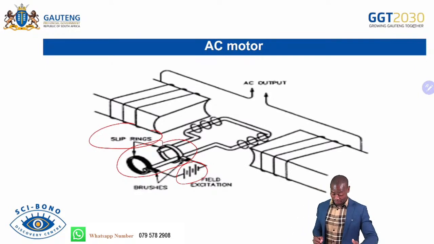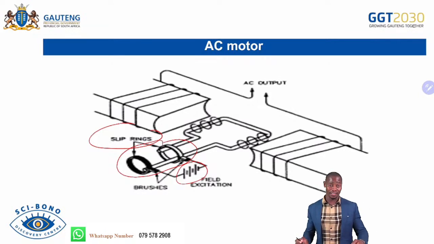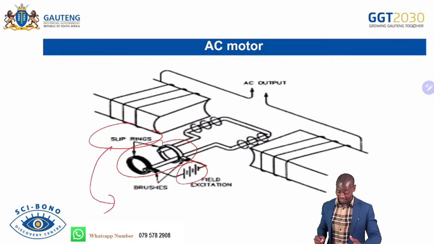All right. Same with a DC motor, source of power, right? But the difference is that when it comes to your DC motor, there's a split ring commutator which ensures that the coil rotates in one direction. But here there are slip rings which ensure that the coil changes direction.